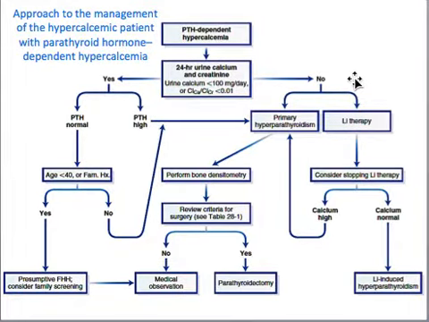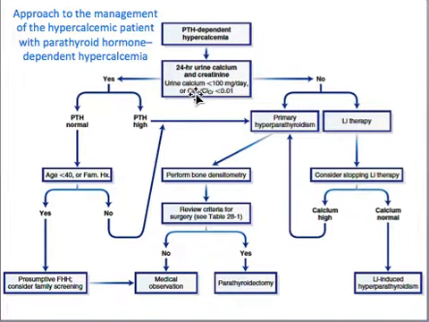They both present with high calcium and high or normal PTH, but the treatment is markedly different. In primary hyperparathyroidism, usually it's surgical. FHH is usually medical. So the first step is to determine the 24-hour urine calcium and creatinine.